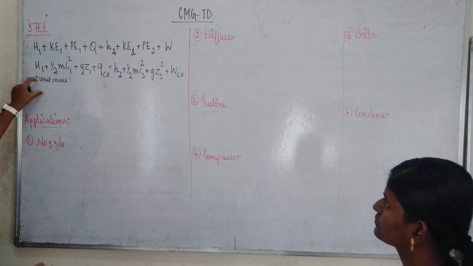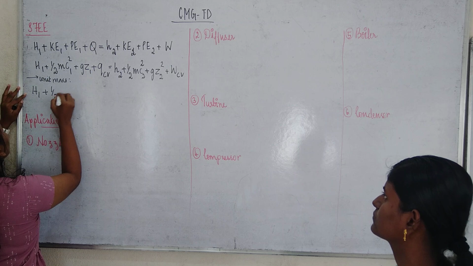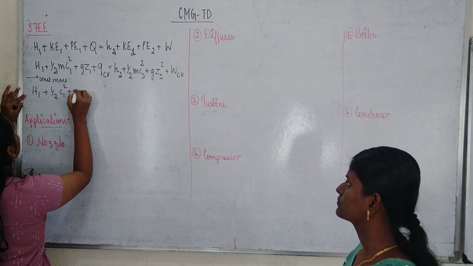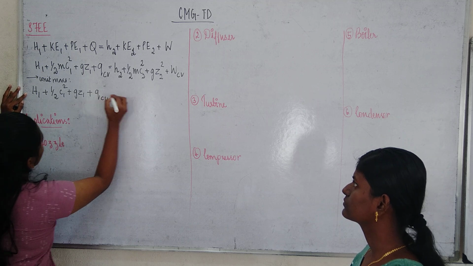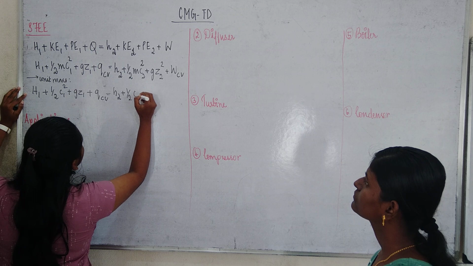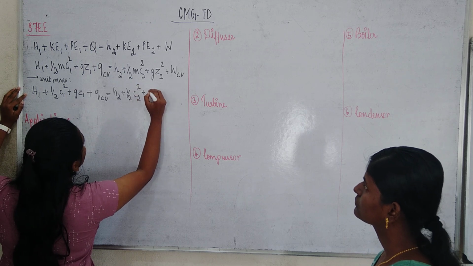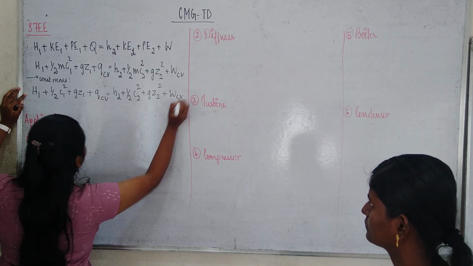when we take this equation for unit mass, it will be H1 plus half C1 square plus g z1 plus Q at control volume, which is equal to H2 plus half C2 square plus g z2 plus work done at control volume.